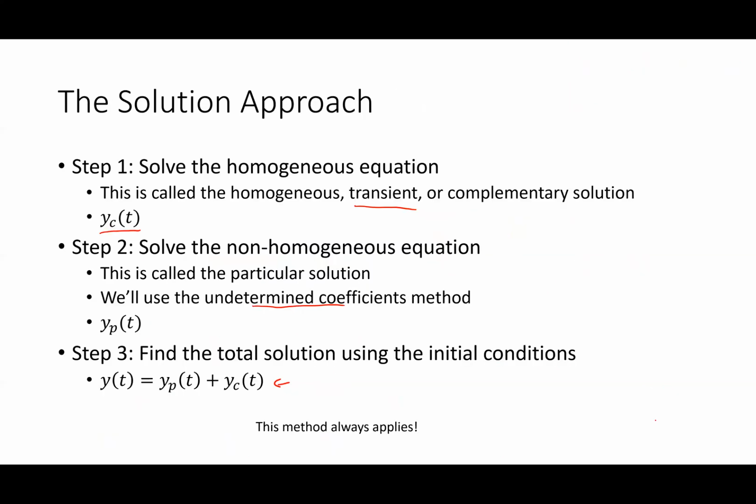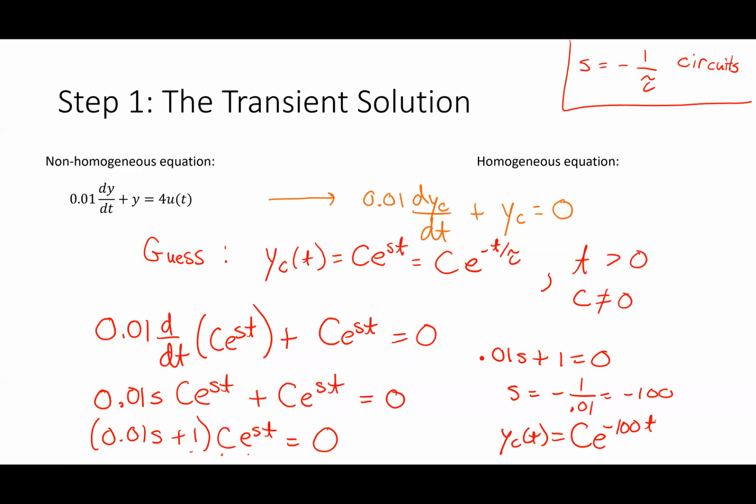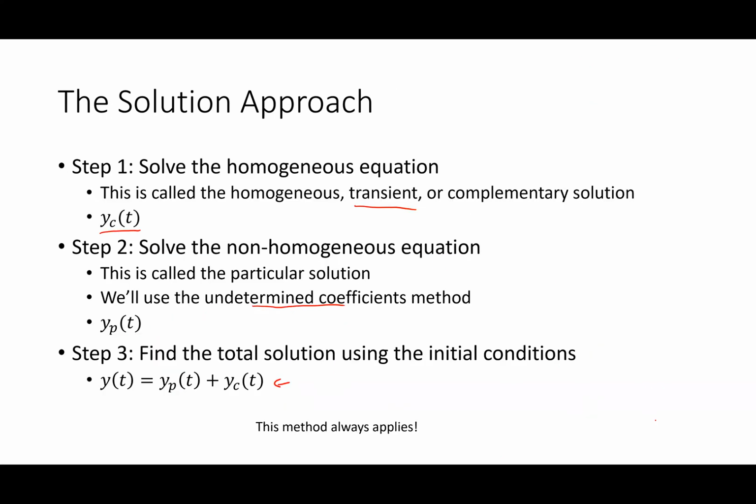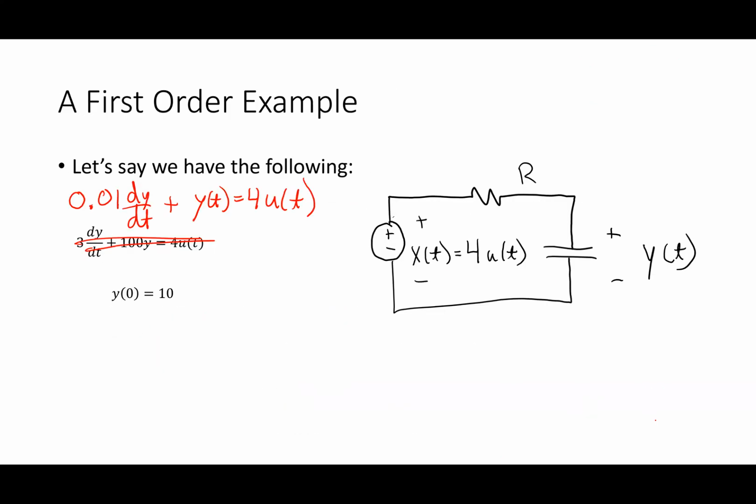Step 2 was to solve the non-homogeneous equation to get the particular solution. I have a constant input. What do I guess for my output in steady state? If I have a constant input to this thing, so 4, what do I guess is my output? Constant. But I don't know the value of that constant. I just guess a constant.